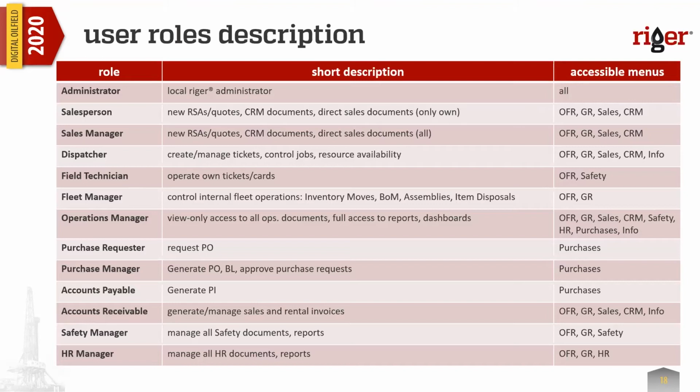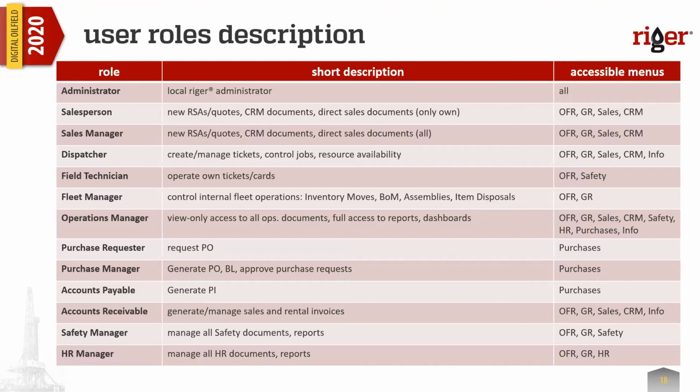Next, we are going to talk about the purchase roles. The purchase requester and purchase manager. Very basic role as the purchase requester is. The only function of this role is to request a purchase order through a mobile application or through the database from the purchase manager.